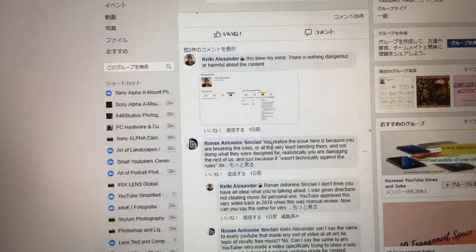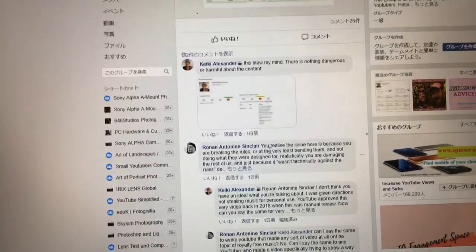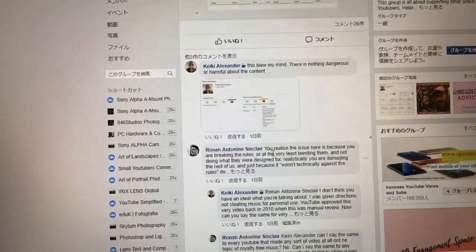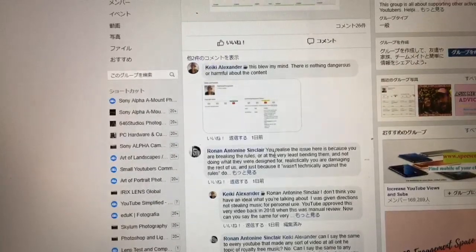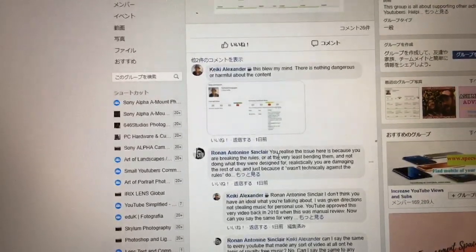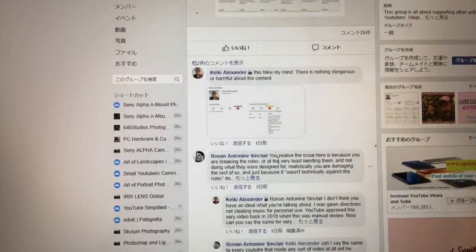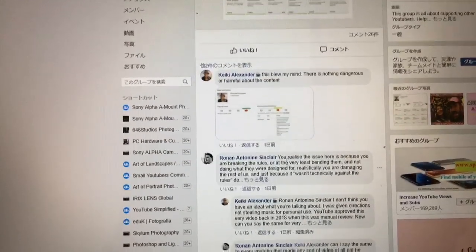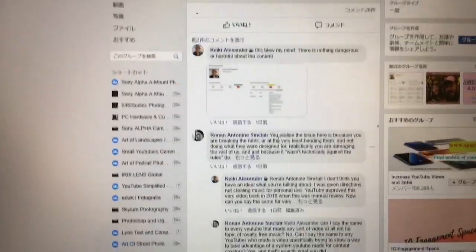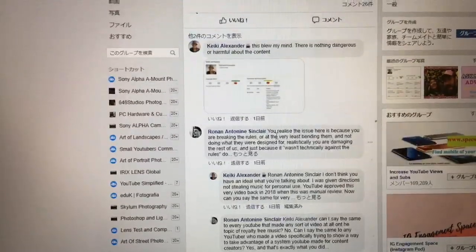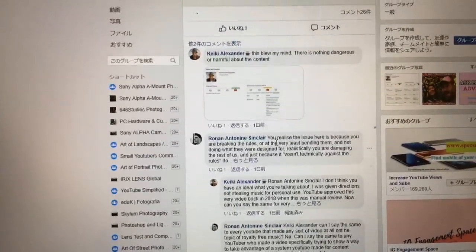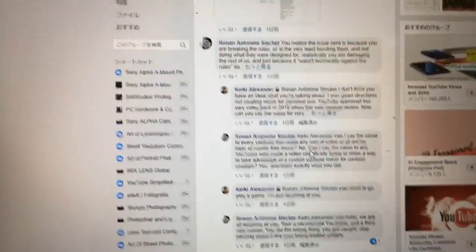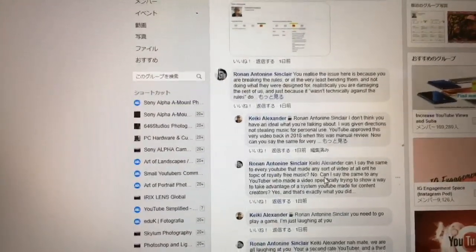But anyway, he continued on by saying that I was bending the rules and not doing what they were designed for. Realistically, you are damaging the rest of us, and just because it wasn't technically against the rules. And then he goes on to just troll every single minute.